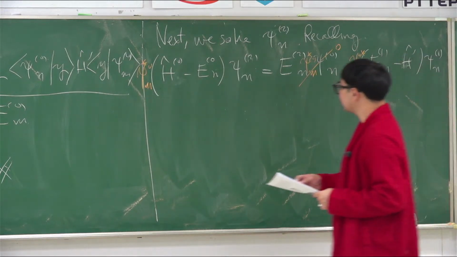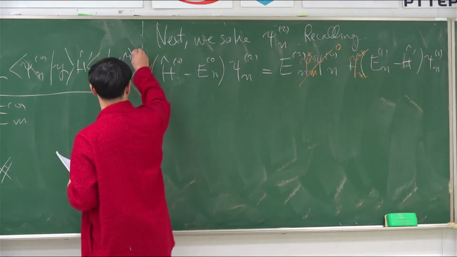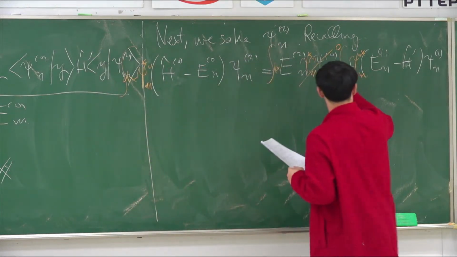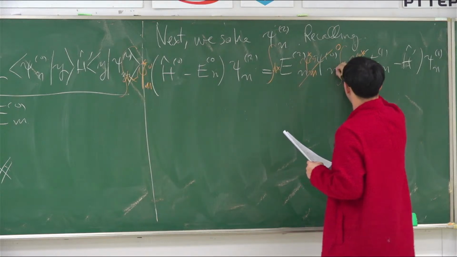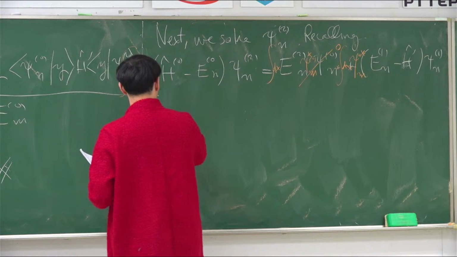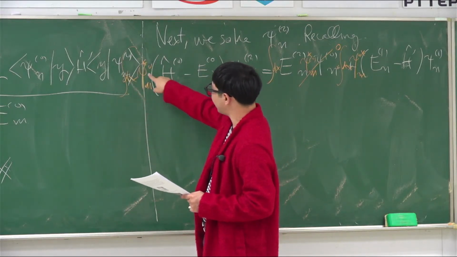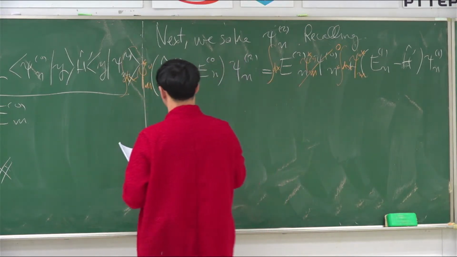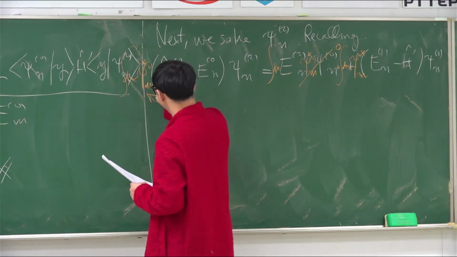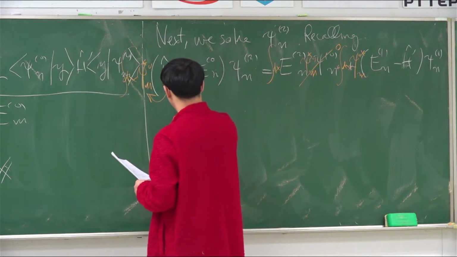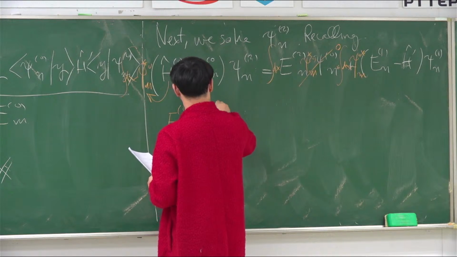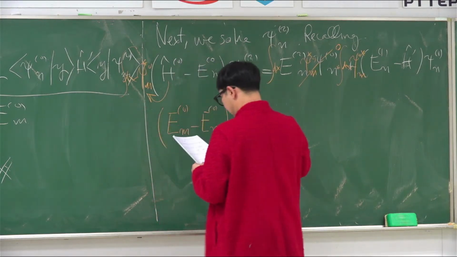And of course, what you need to do is put the integration, you can do it anyway. So again, this one acts on this, right? This one acts on this state, you get E0 n, right?